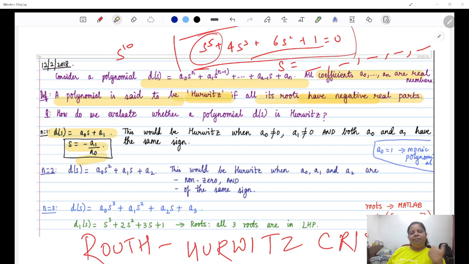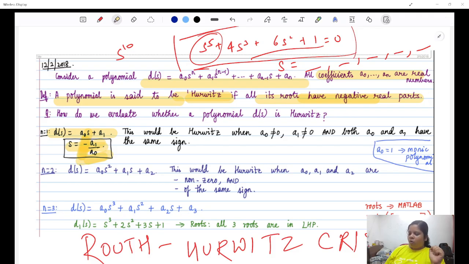From here you can say that a1 and a0 should both be non-zero and have the same sign. If both are positive, then s would be minus a1 upon a0. If both are negative, the negatives cancel out and only this negative remains. This is how you can say that the system is stable.